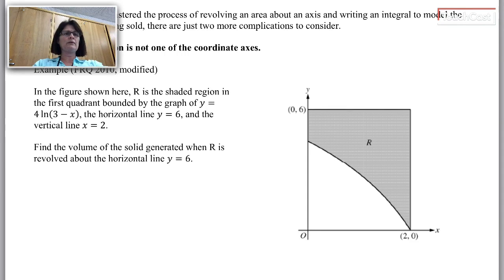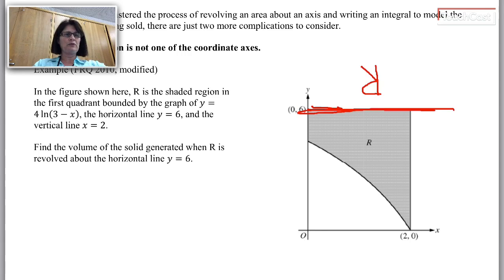So, things I know already. I have R. R is already shaded, so that's nice. I'm going to draw in my axis of revolution. I've been told that's the horizontal line y equals 6. Now I'm going to sketch in what it would look like if I reflected R around that axis.